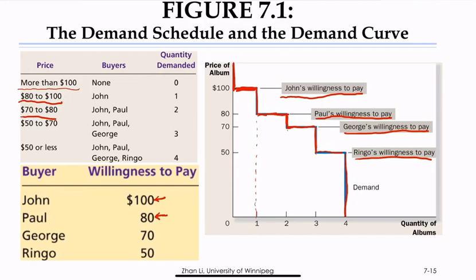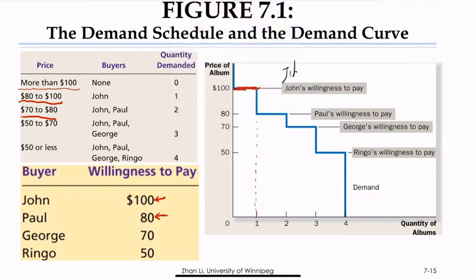And we also have a related concept, which is called marginal buyer. Marginal buyers are associated with different prices. For example, at the price of 100, who is the marginal buyer? Well, John is the marginal buyer.